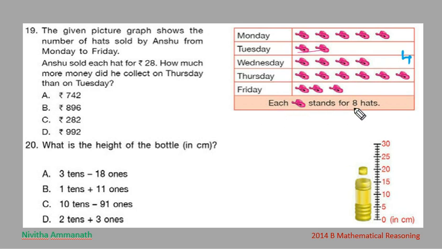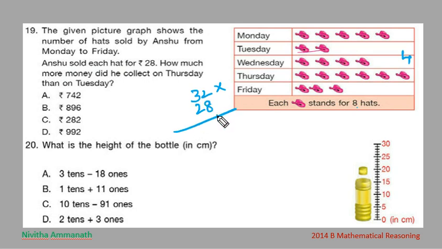And each of these stands for 8 hats. So we have to do 4 8s are 32. Then Anshu sold each hat for 28. So 32 into 28.